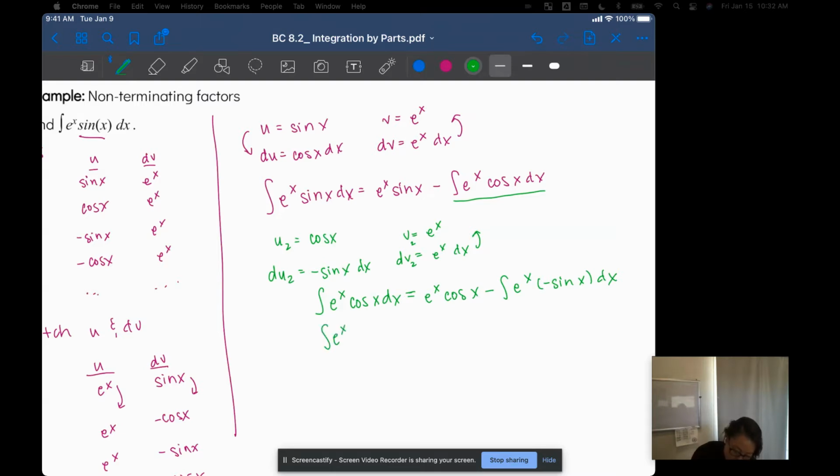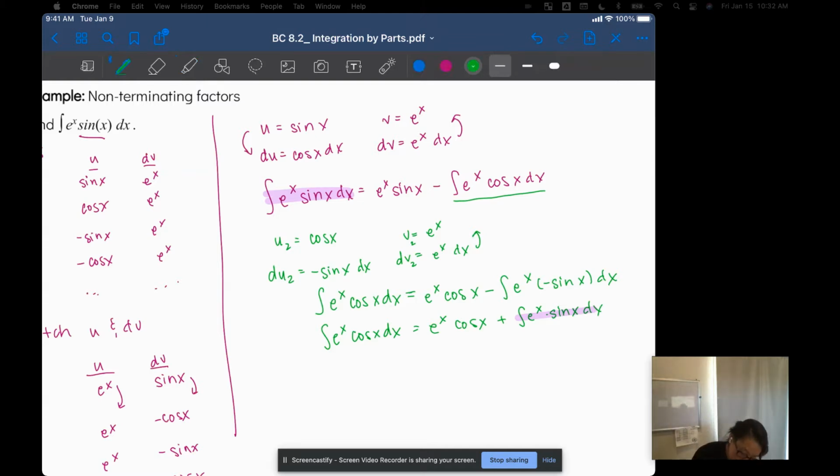Written out a little nicer, I get e to the x times the cosine of x plus the integral of e to the x times sine x dx. And I notice right now that the integral of e to the x sine of x dx shows up in my integration by parts. And that was the original integral that we were trying to evaluate.